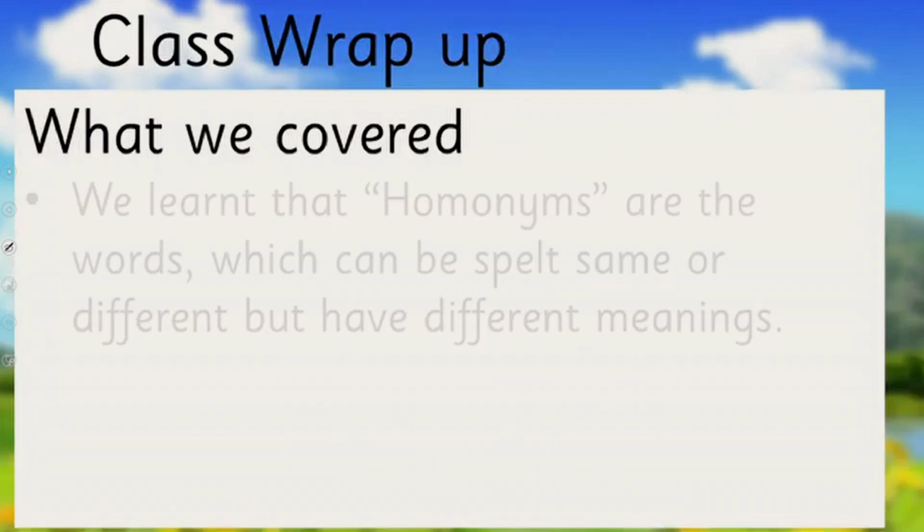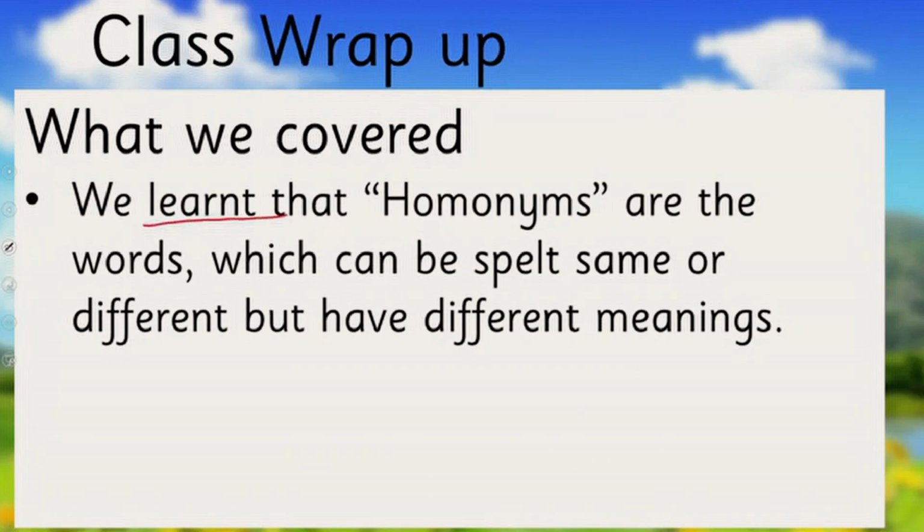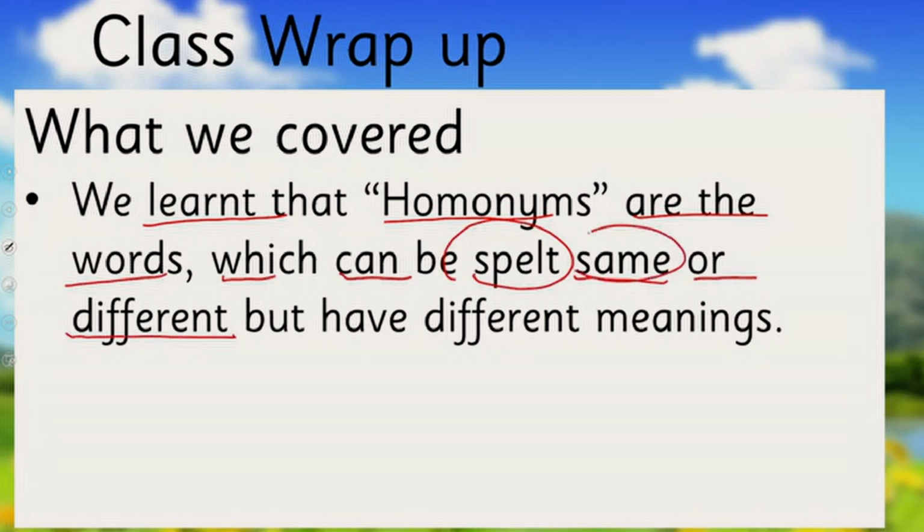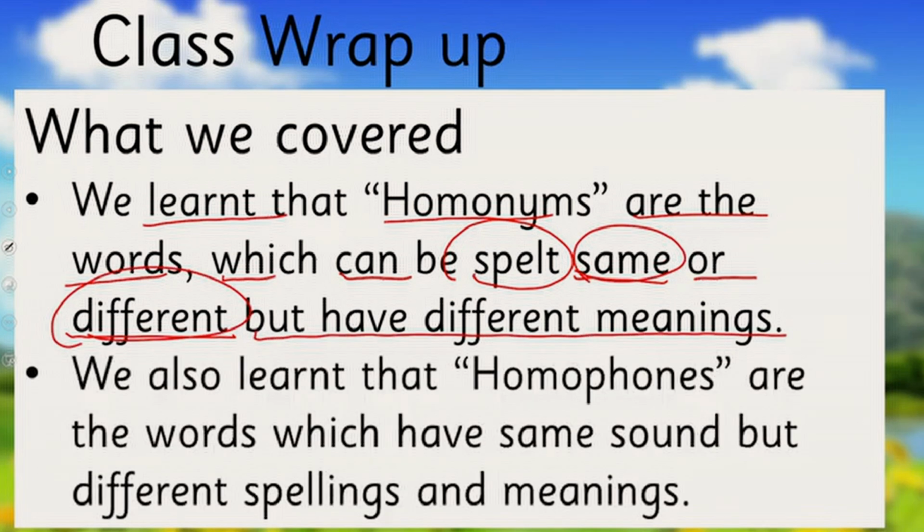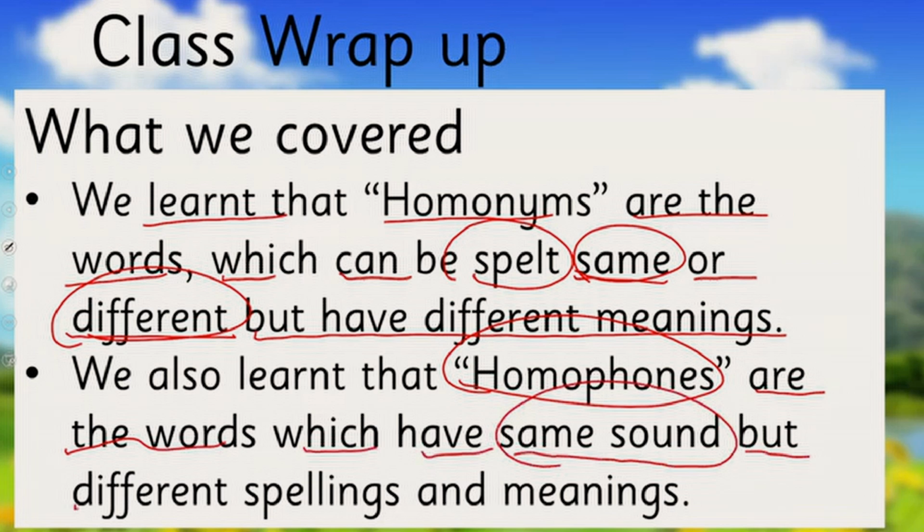So what we have learned today, we learned that homonyms are the words which can be spelled the same or different but have different meanings. And we also learned that homophones are the words which have the same sound but different spelling. They will always be spelled differently and their meaning is also different.